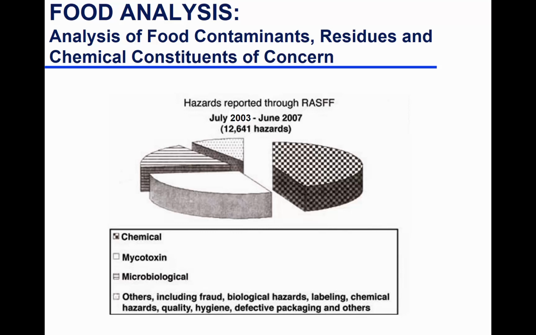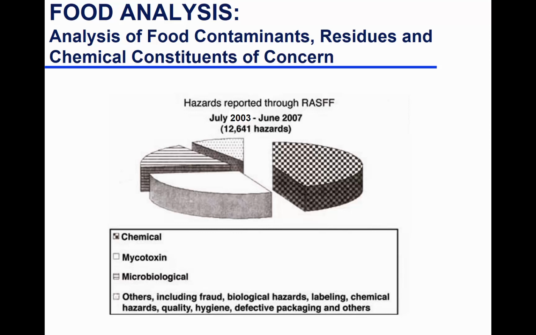They are divided into different categories. For example, chemical hazards, like sulfites. Sometimes sulfites are naturally present, other times they are added as preservative and to prevent browning. So some people are sensitive to sulfites.